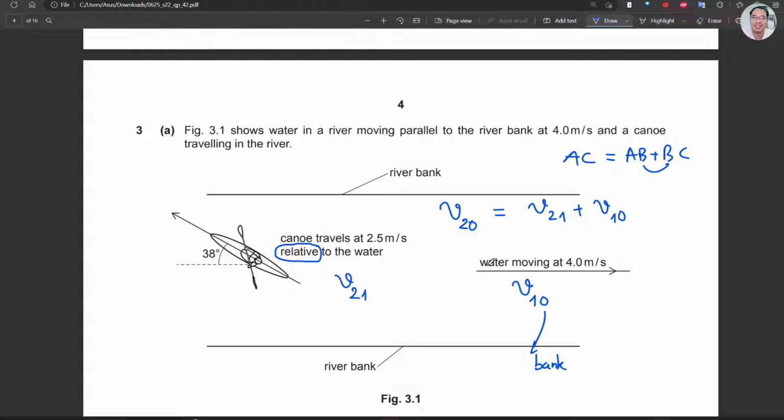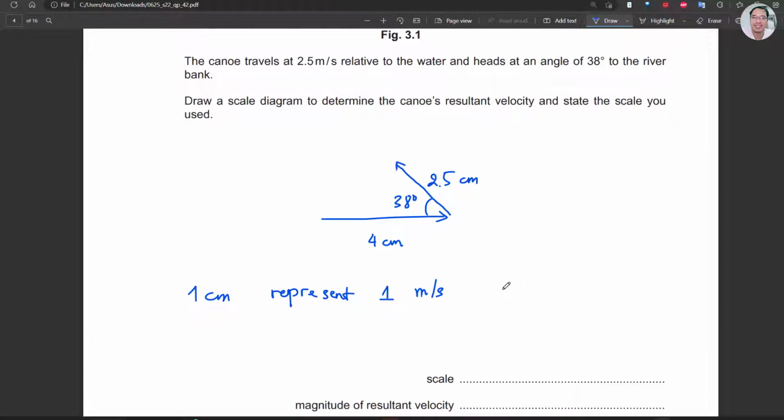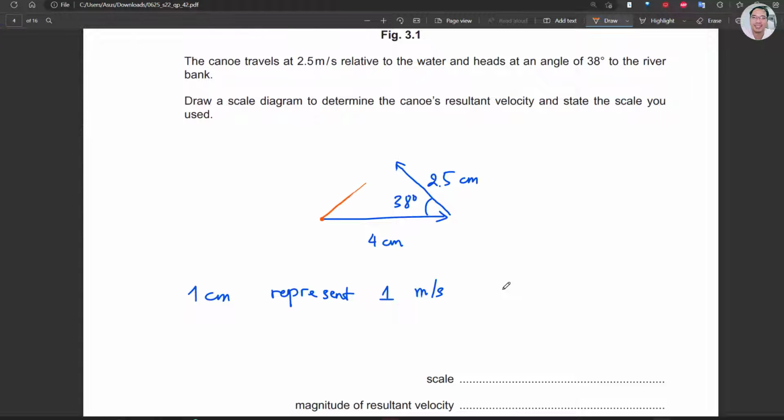So here 1 is the connection, meaning the velocity of the candle to the bank will be the sum of the velocity of the candle relative to the water and the velocity of the water. We are adding these two vectors to find the resultant velocity. So this is the resultant velocity of the candle compared to the bank, VR.